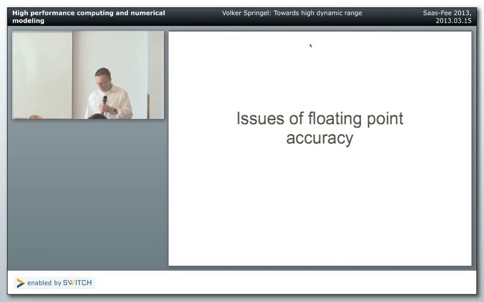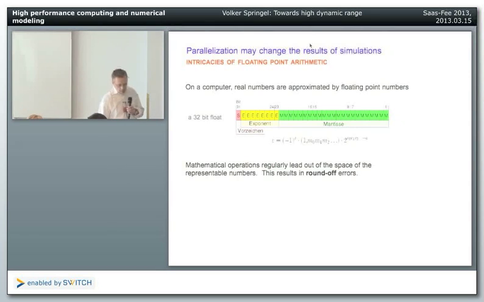The other thing I want to warn you about, which also many people are unaware of, but is, I think, important to realize, is that there are some things that have to do with issues of floating point accuracy that affect things that you get out from parallel codes.